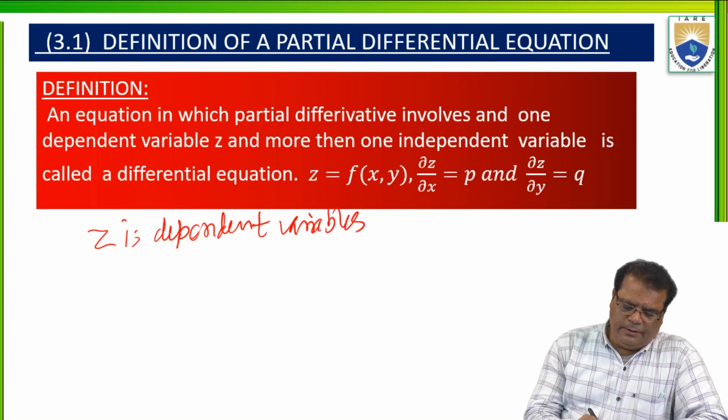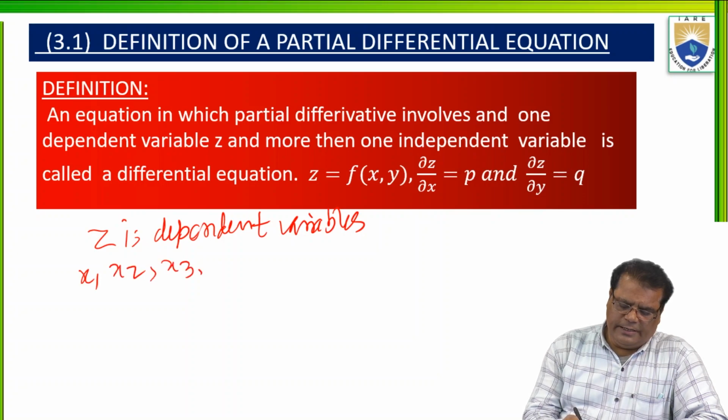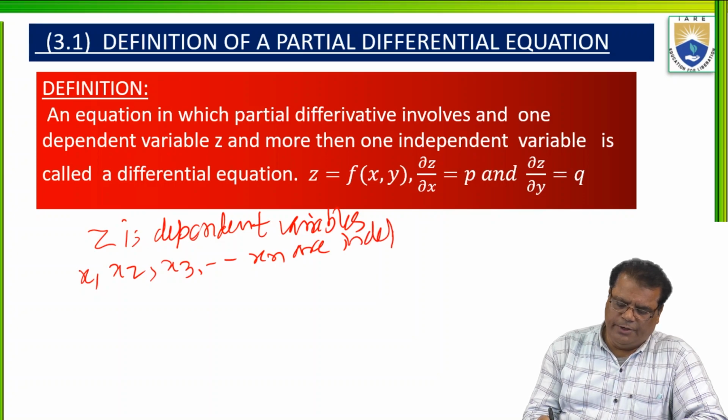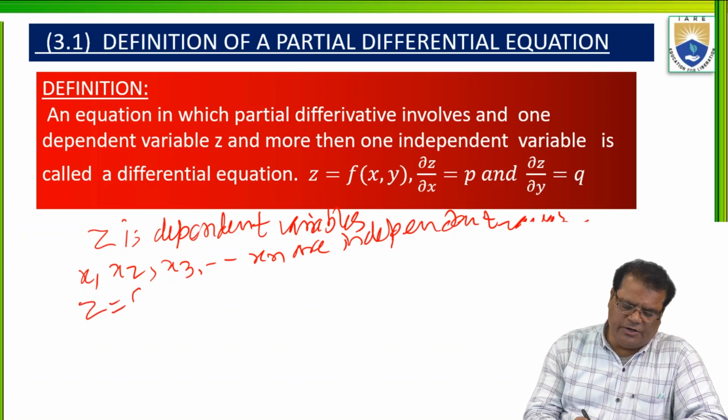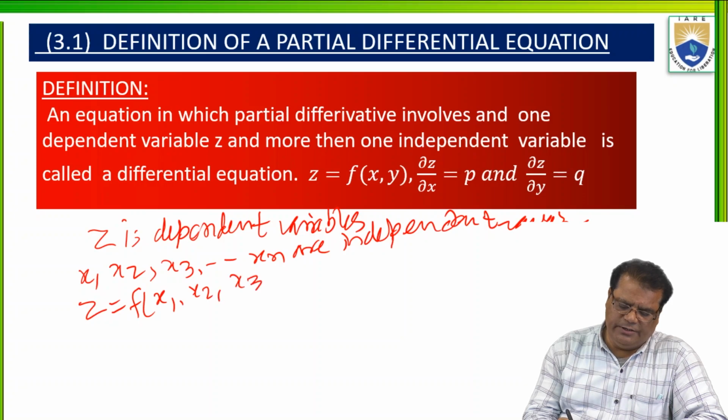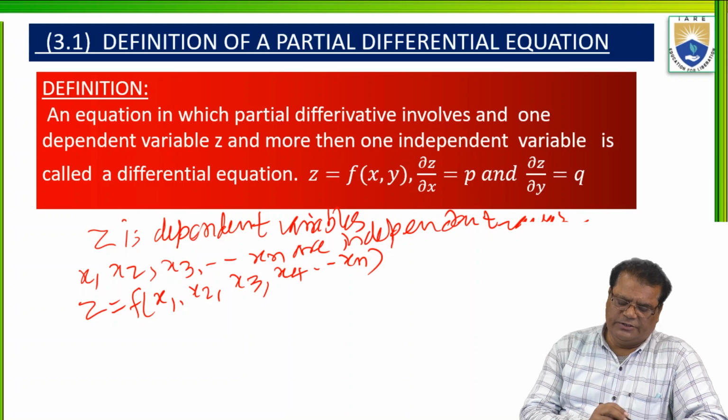And x1, x2, x3 and xn are independent variables. So z is a function of x1, x2, x3, x4 up to xn. So this is the function.